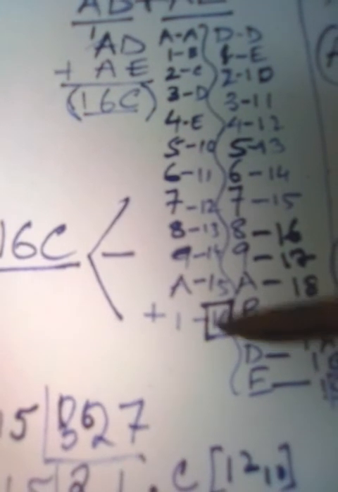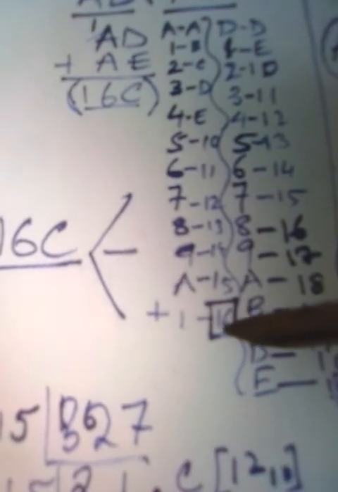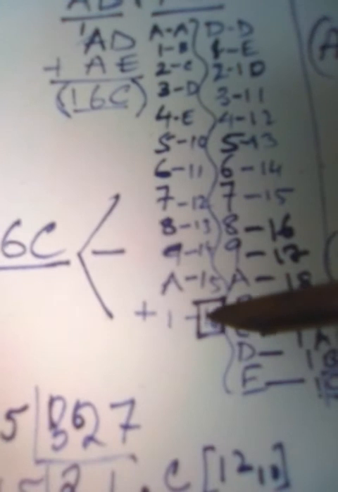So A plus A in pentadecimal or base 15 becomes 1 5. Then add to that 1, which is the carry, and you have 16. Sorry, I keep saying 16 and 15 and all of that.